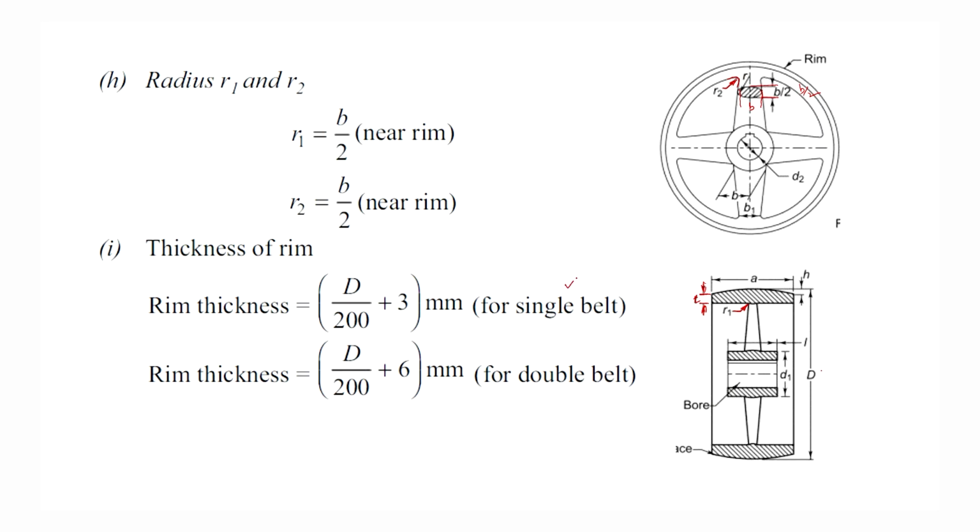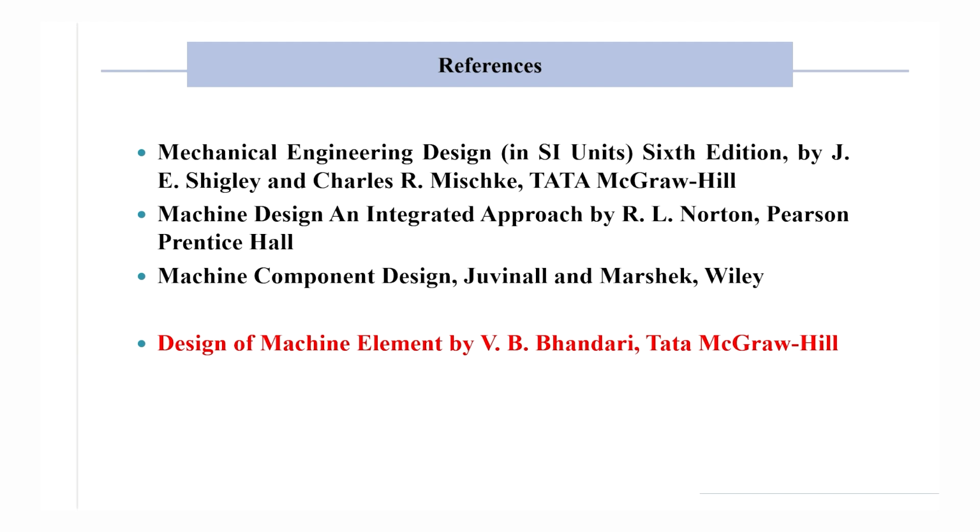In our case, it is the single belt. So, we will divide the rim diameter by 200 and add 3 to get the value of T.